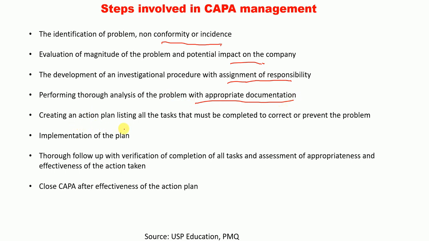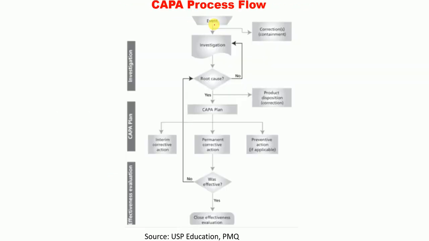We have to create an action plan listing all the tasks that must be completed to correct or prevent the problem. We have to implement the plan, with thorough follow-up and verification of completion of all tasks and assessment of appropriateness and effectiveness of the action taken. Then we have to close the CAPA after effectiveness of the action plan. So these are the different steps involved in CAPA management.